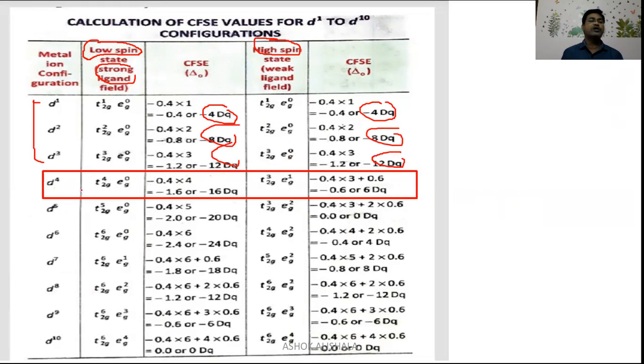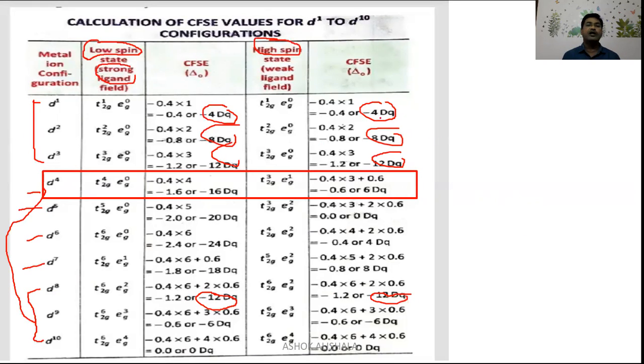Where is the problem? From d4 onwards: d4, d5, d6, and d7. There is no problem from d7 onwards, that is d8, d9 and d10. These do not make any problem.